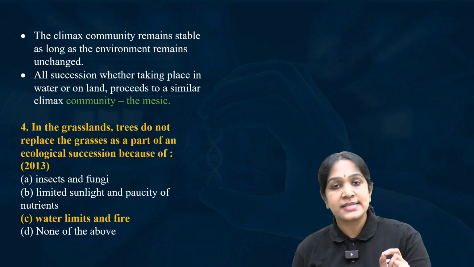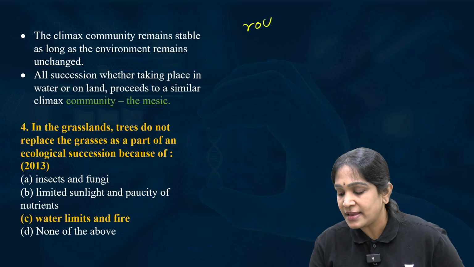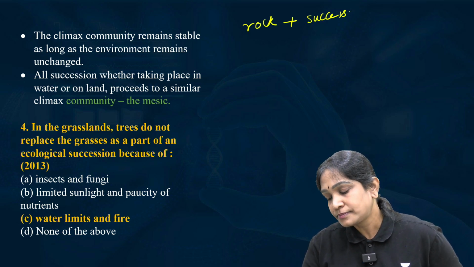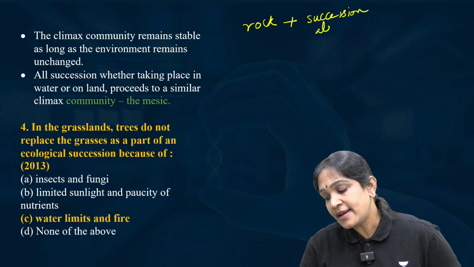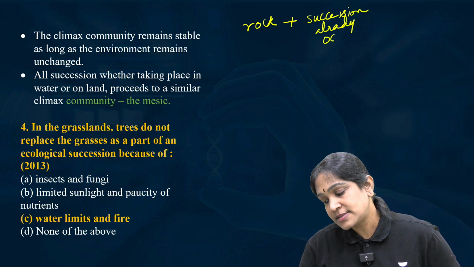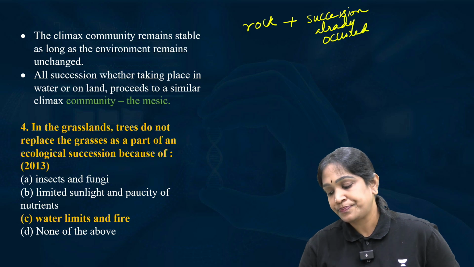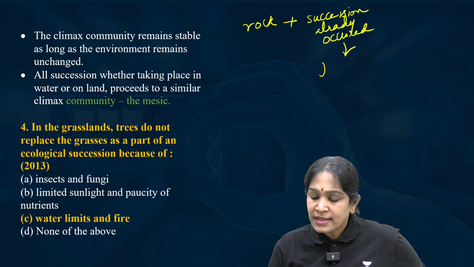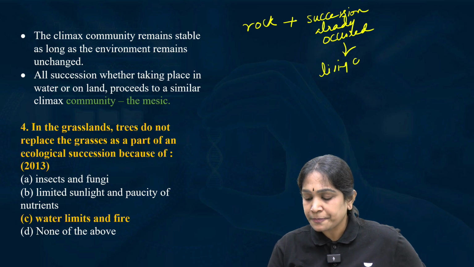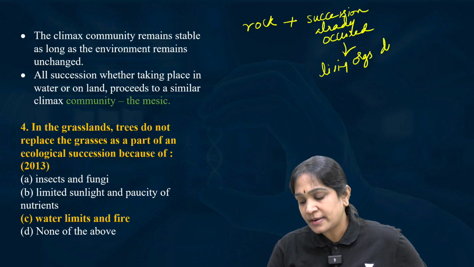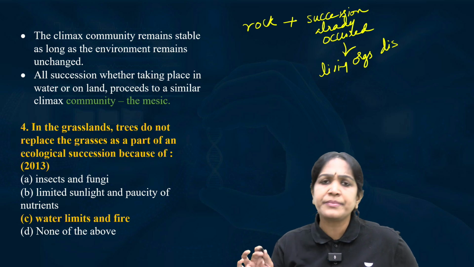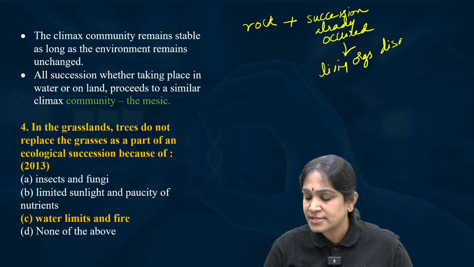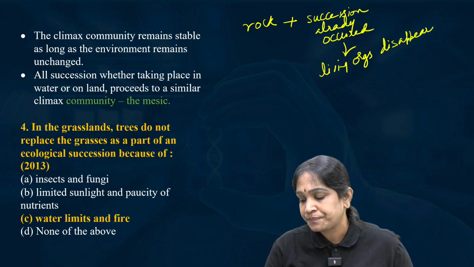In secondary succession, what happens is, for example, there is a rock on which succession already occurred, but due to some reasons, okay, all that living organisms disappeared, they vanished due to some reason, maybe drought or some extreme climatic conditions, they all disappeared.